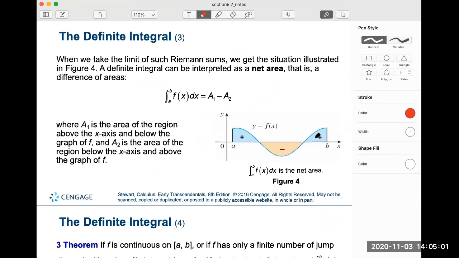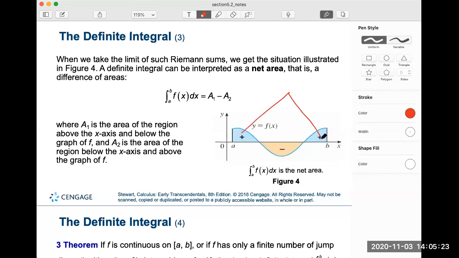So as you can see, the integral of the function f from a to b, in geometry, you can imagine that it is A1. A1 is the area above the x-axis and below the graph.